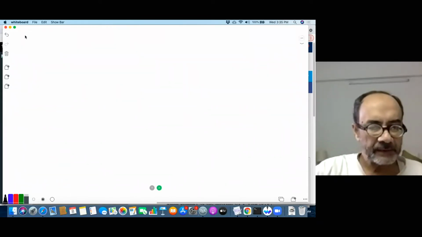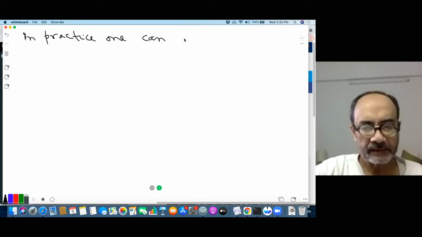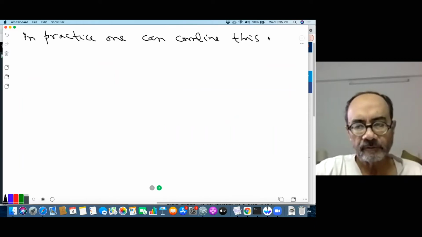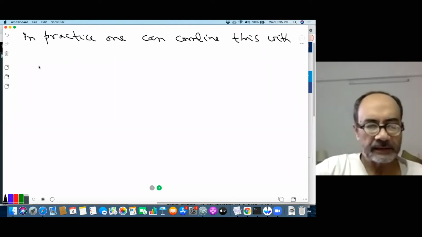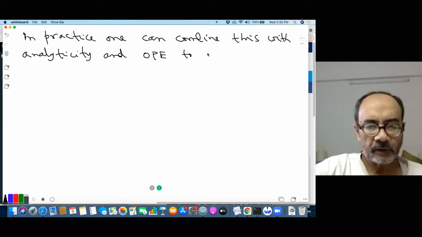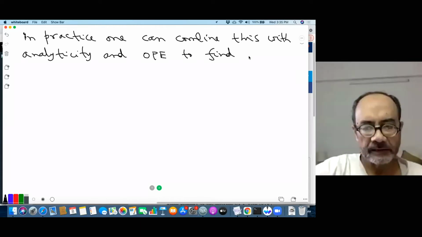In practice, when you actually want to calculate the correlation function on the Riemann surface, there are other tricks. In practice, one can combine this with analyticity, because there are various holomorphic fields, and operator expansion to find closed form expressions.